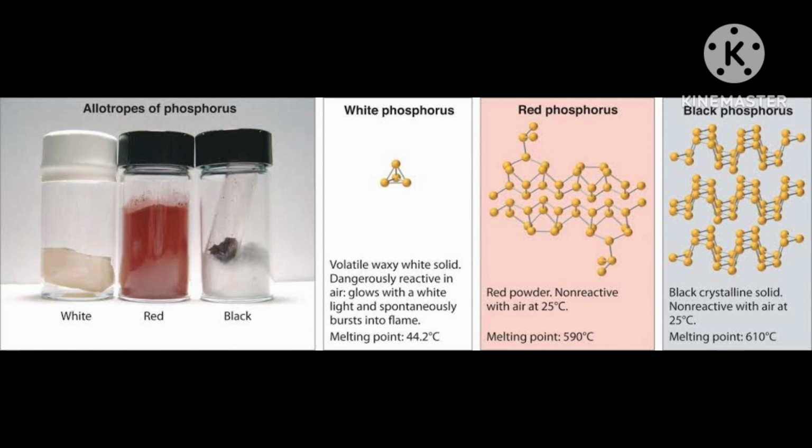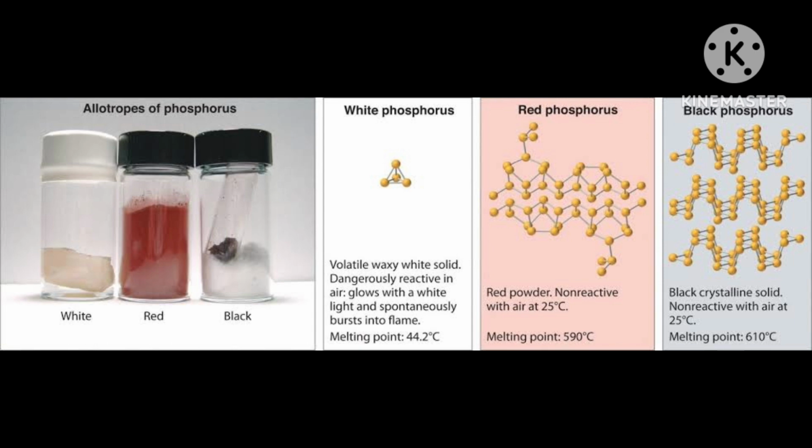When red phosphorus is heated under high pressure, a series of phases of black phosphorus is formed. So from red you get black phosphorus.